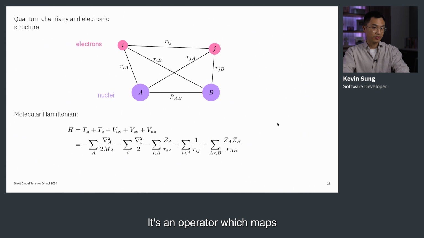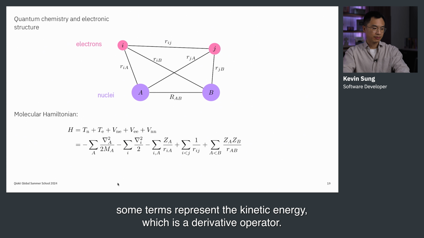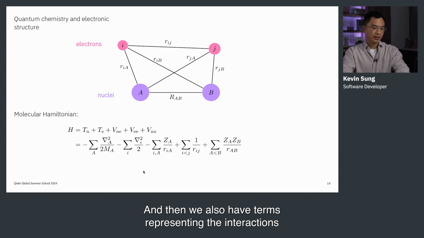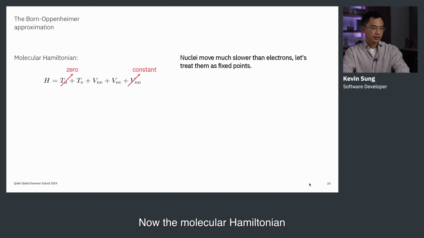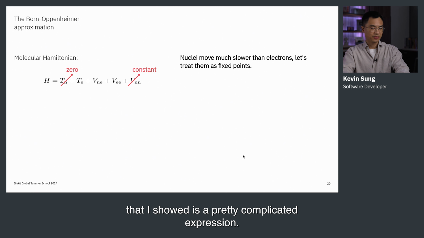And here I've written the molecular Hamiltonian. It's an operator which maps functions to functions. It's a sum of various terms. Some terms represent the kinetic energy, which is a derivative operator, and then we also have terms representing the interactions between the various particles. Now, the molecular Hamiltonian that I showed is a pretty complicated expression.